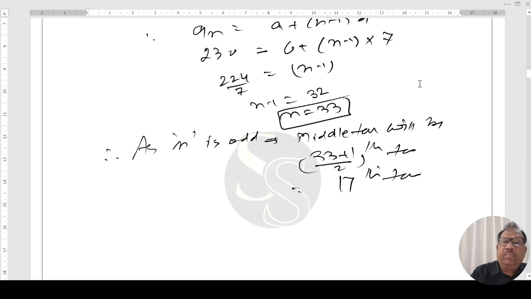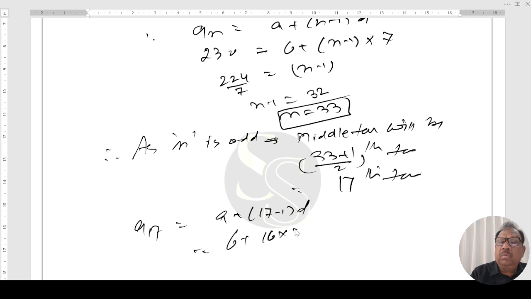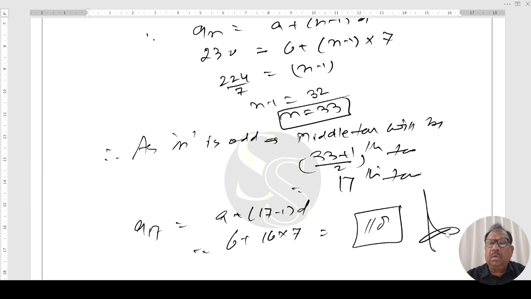A17 will be equal to a plus 17 minus 1 into d. That comes out to be 6 plus 16 into 7. On simplification, this comes out to be 118. This is the answer. Next question.